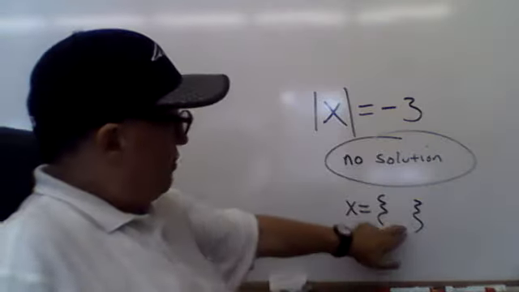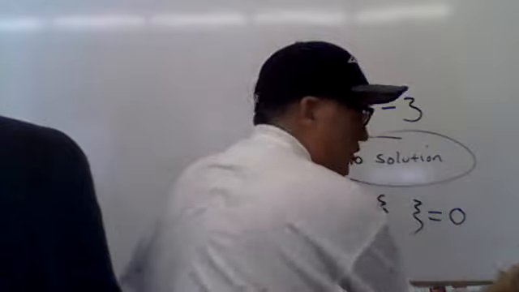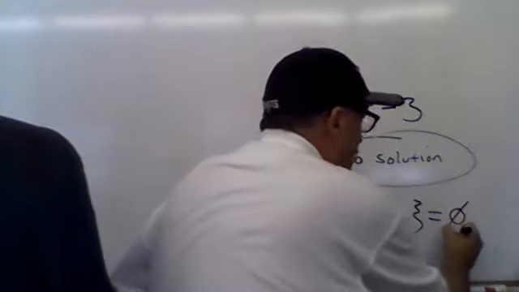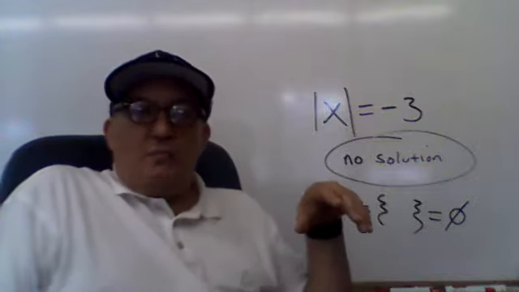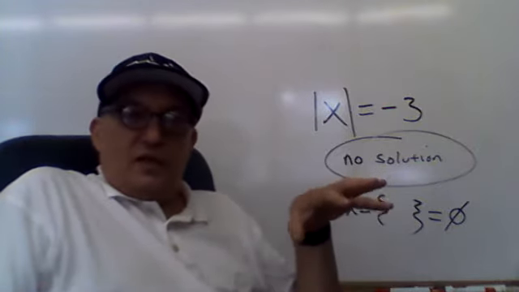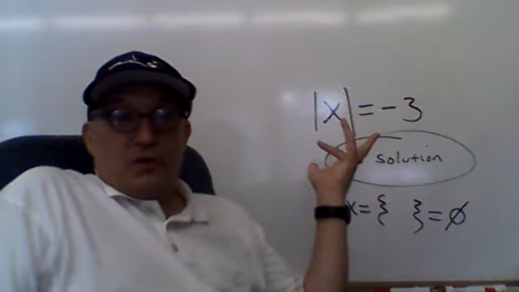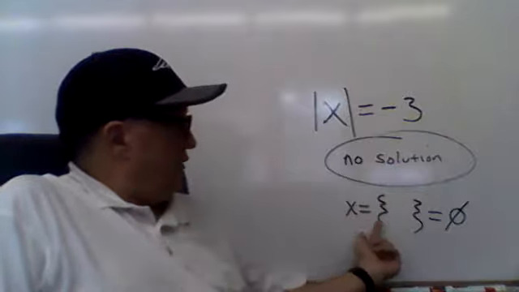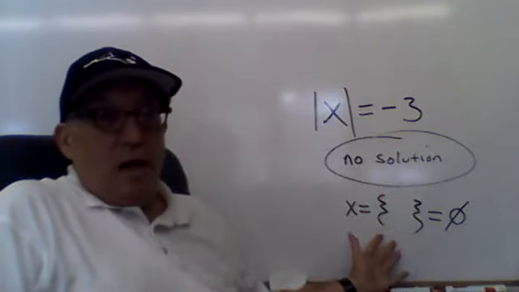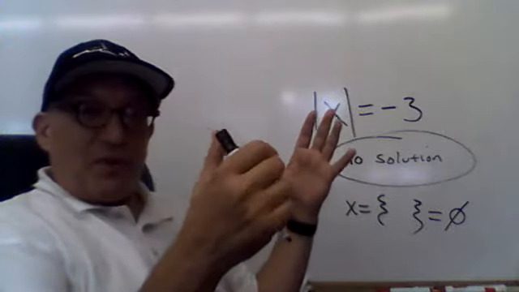There's also another symbol for it. The other symbol for it is a circle. That's not a 0. It's a circle with a line through it like that. That's another symbol for the empty set, a set that contains no numbers. The solution to this equation, the solution set, is empty. It has no elements.